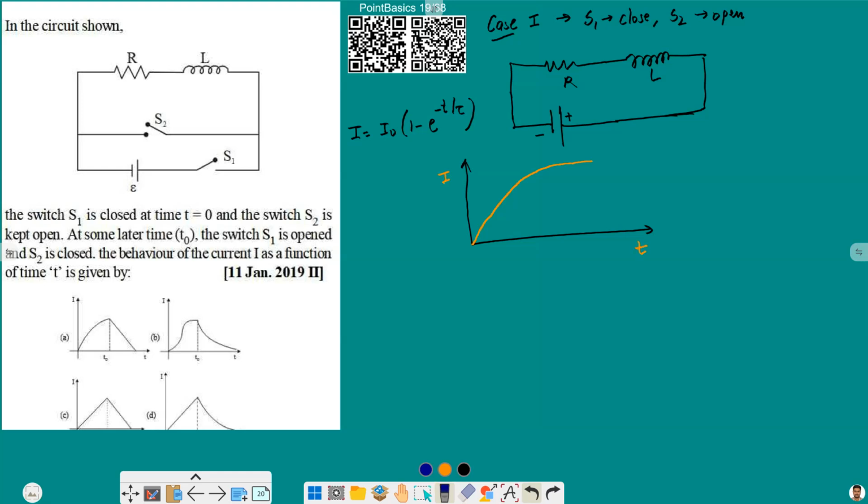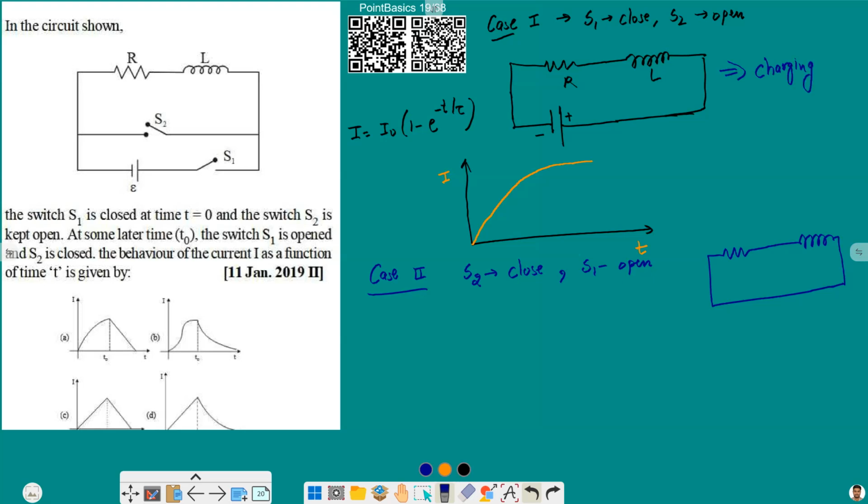Now coming to the second part, case 2. Here we have S2 closed and S1 open. Now the battery is out of the circuit, and our circuit will reduce to a resistance and an inductor connected in a loop. Initially, due to the battery, this inductor was charging.